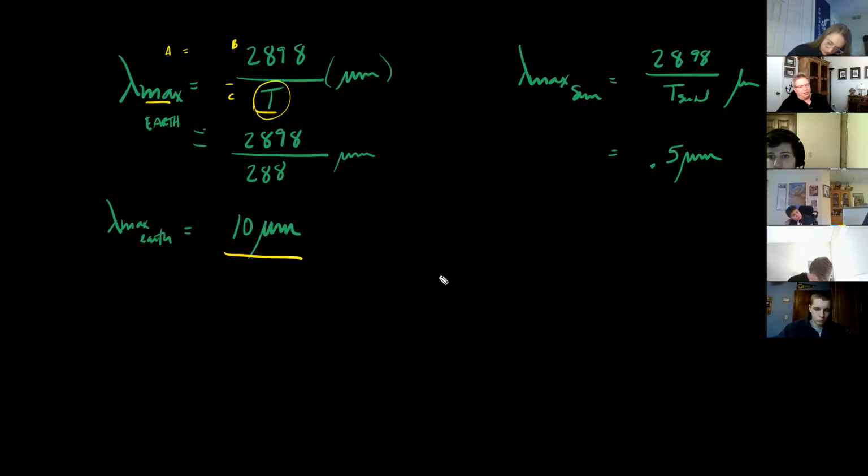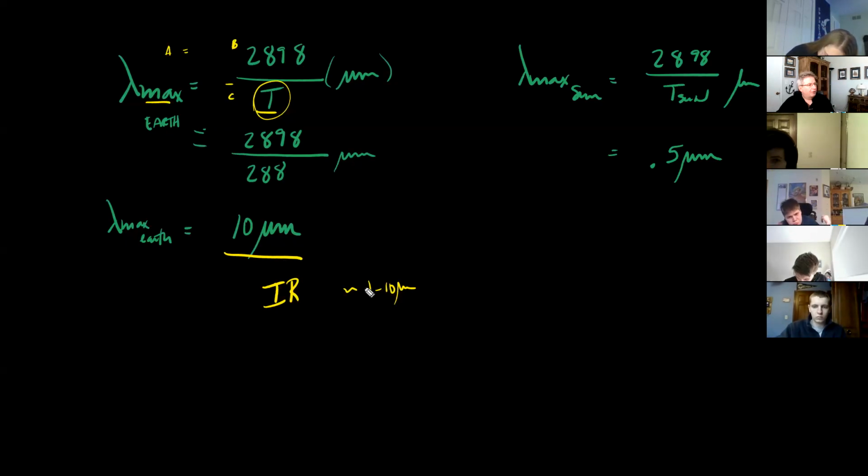Infrared. And we said infrared was on the order of 1 to 10. So since it's on the large side, wouldn't that be far infrared? Long wave, terrestrial radiation.